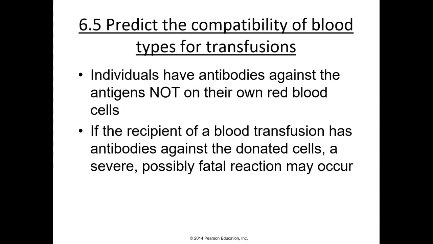Okay, so how do we know what kind of blood you can give somebody? Individuals have antibodies against the antigens not on their own cells. If you give them something foreign, they're going to fight it off. They're going to make antibodies against it. If the recipient of a blood transfusion has antibodies against the donated cells, a severe and possibly fatal reaction can occur.